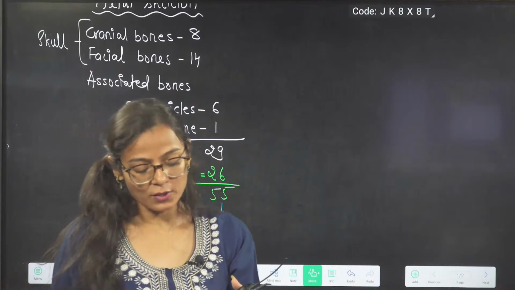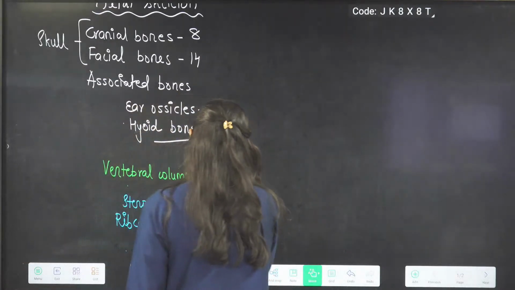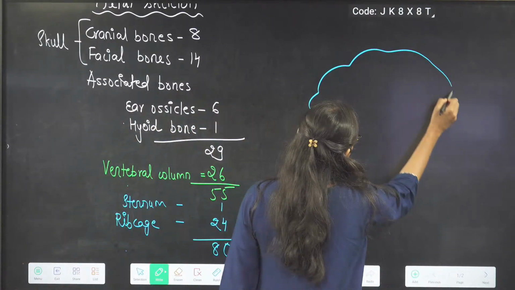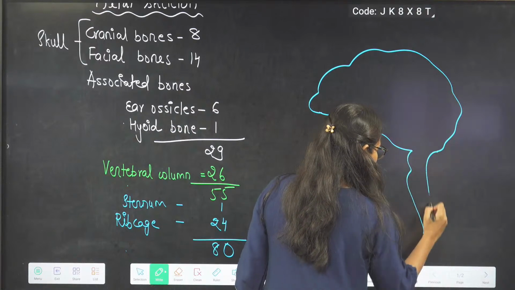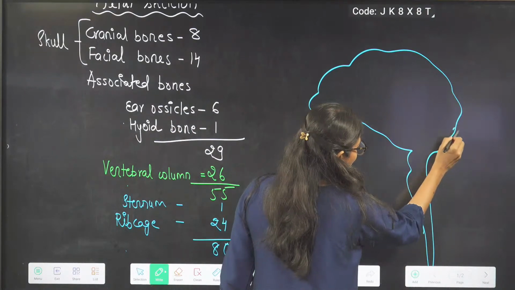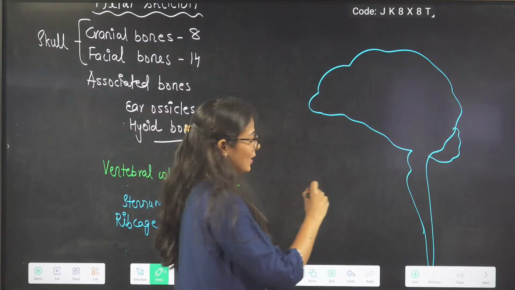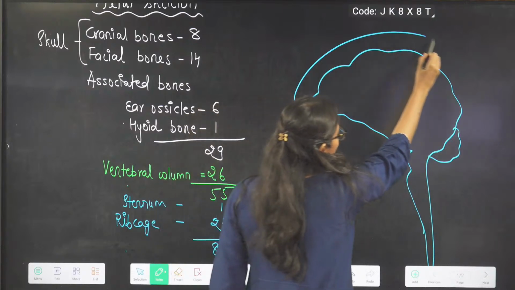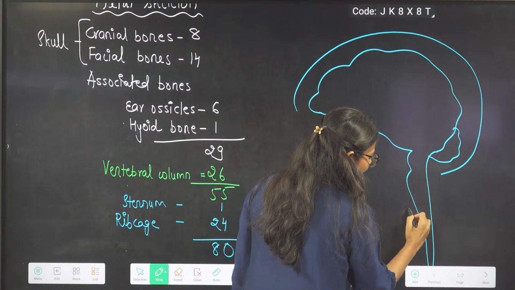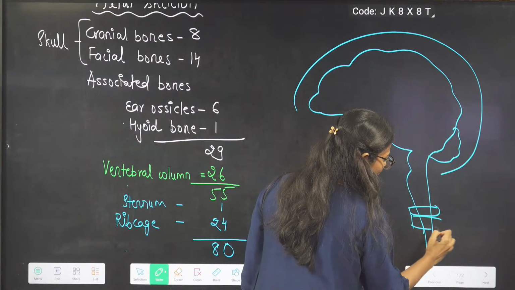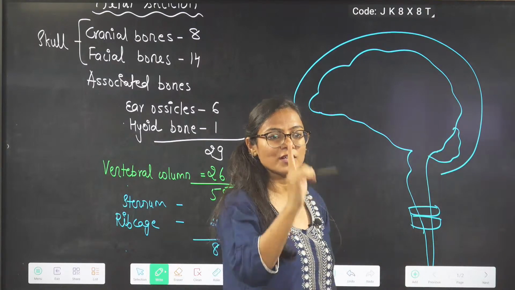Same way, spinal cord, let me make that diagram. Yesterday I made, I think, a very simplified brain. So this is your brain and it is all protected by the skull. And then here you have your spinal cord, which is protected by a bony structure, that is vertebral column.